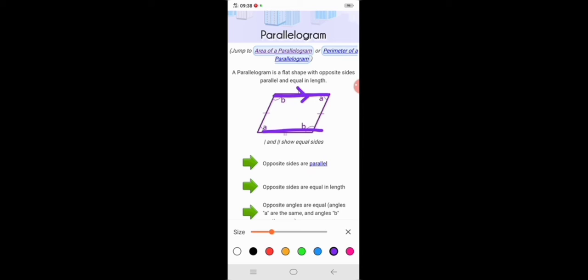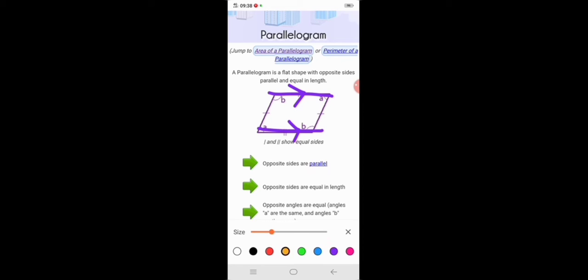This was the first pair of parallel lines, and this is the second pair of parallel lines. If you look over here, I have used these arrows. For the purple part I have used single arrows and for the orange part I have used double arrows.